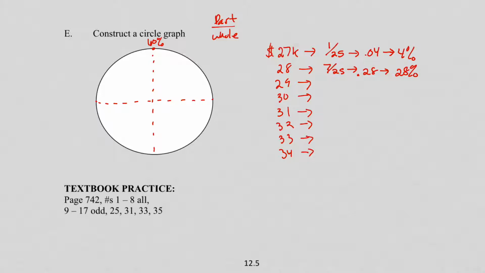So we can actually go ahead and graph this one. 28%, we know this is 25%. So 28% is probably right there or so, just as an estimate.